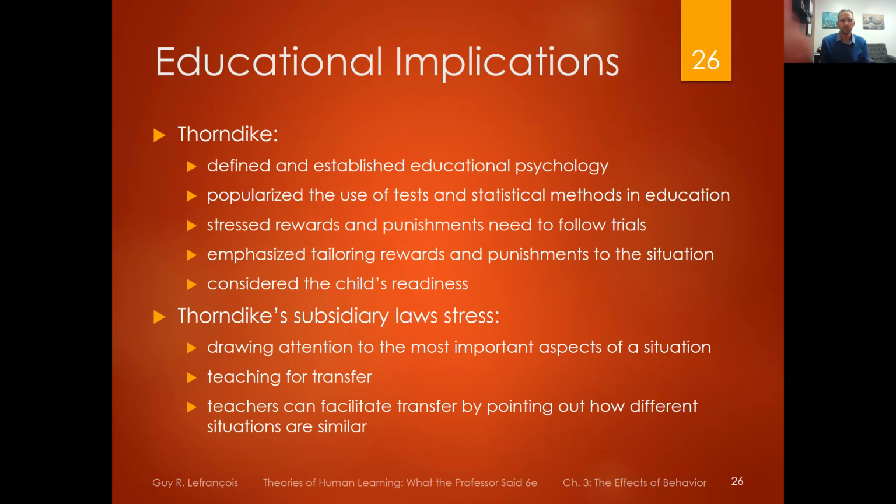So what were some of those implications for education? He first off defined and established educational psychology. He popularized the use of tests and statistical methods in education. He argued that we need to have rewards for behaviors. So we need to give students feedback on how they are doing. Seems obvious to us now, but that was the work of Thorndike.